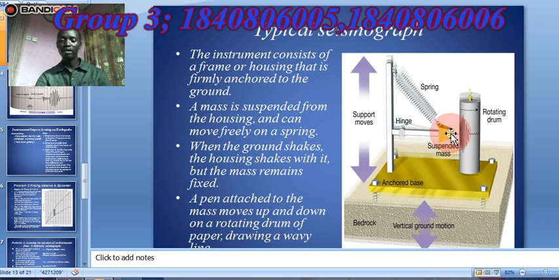So when the ground shakes, this pen will not shake, but as the rotating drum along with the anchored base is shaking, it will now be drawing a wavy-like pattern as a function of time and amplitude. So we'll be having this kind of pattern, and it is this kind of pattern that we refer to as a seismogram.